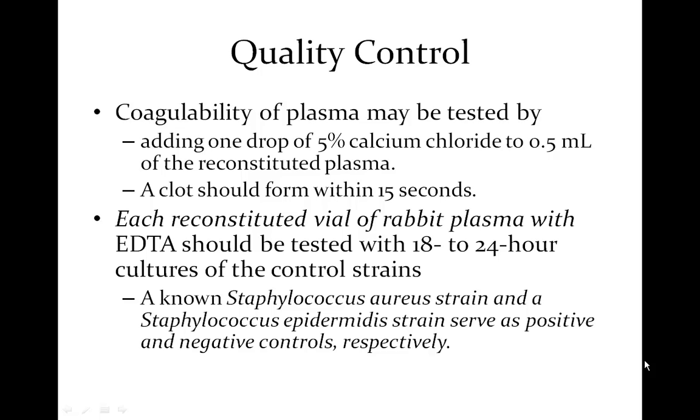A clot should form within 15 seconds. Then we also have to check whether this rabbit plasma will give us positive and negative results properly, so we put a known positive strain, that is Staphylococcus aureus, and a known negative strain, that is Staphylococcus epidermidis, respectively.